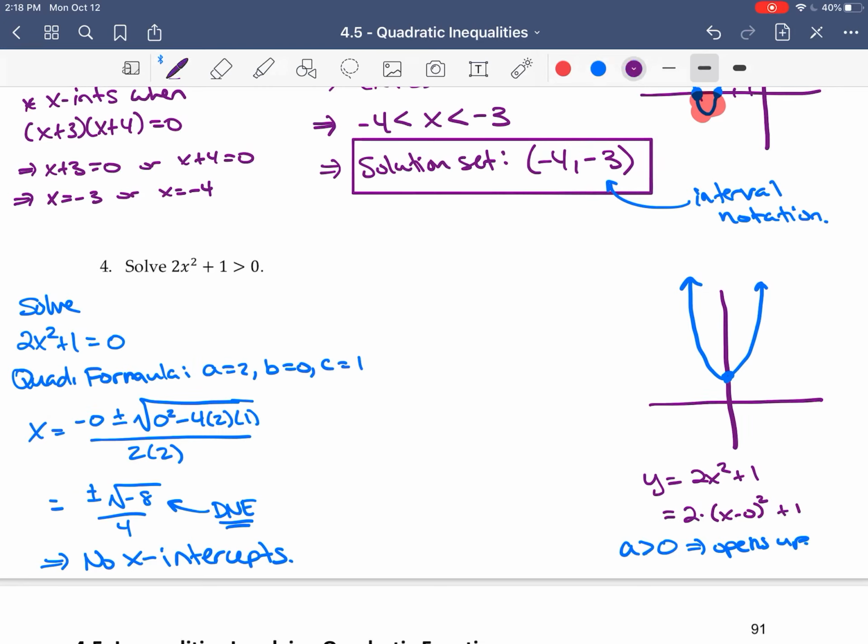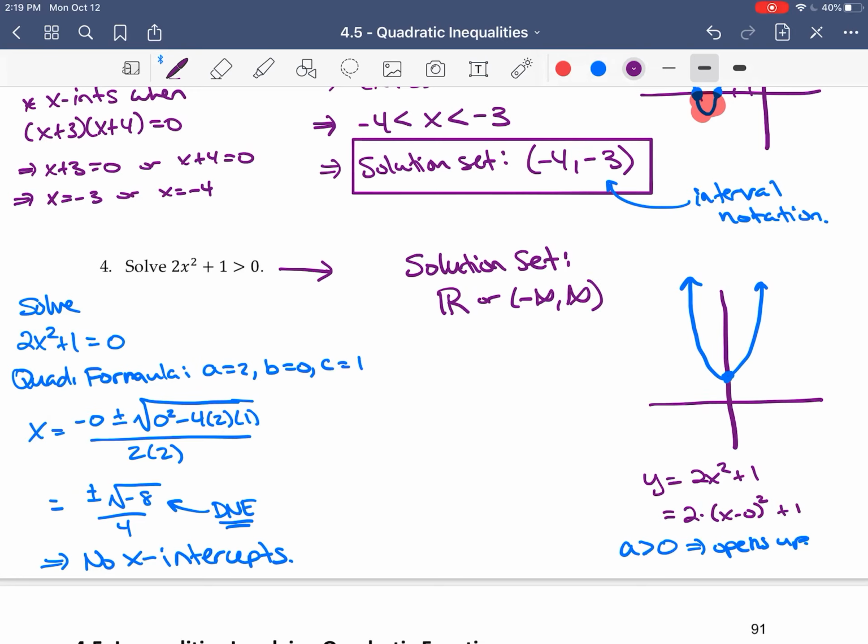So now we can see this inequality, where is this function bigger than 0? Well, that's everywhere it's above the x-axis, so that's everywhere. So our solution set in interval notation is going to be all real numbers, or -infinity to infinity.